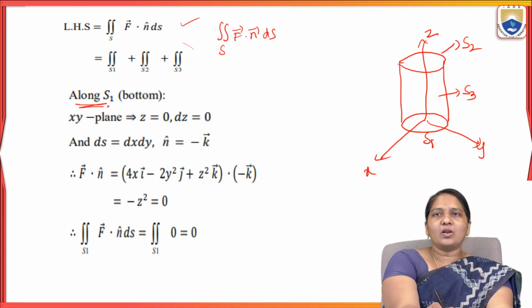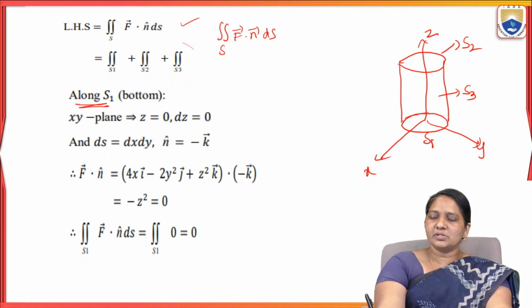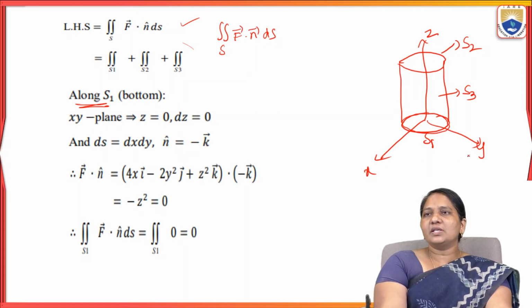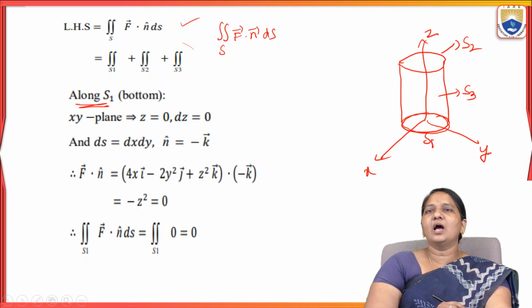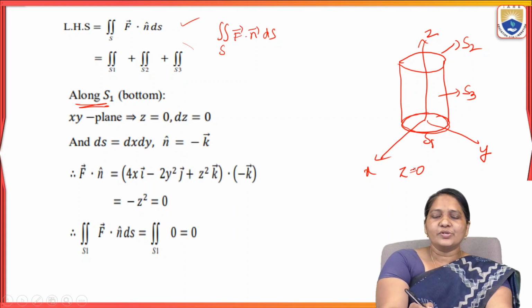First we are taking along S1. Along S1 means the bottom, which we are taking as S1. In which plane is this? This is in the XY plane. On the xy plane, the z value is 0, so z is 0 means dz is also 0.